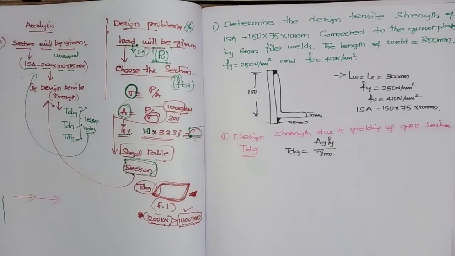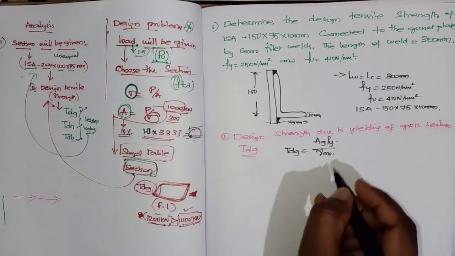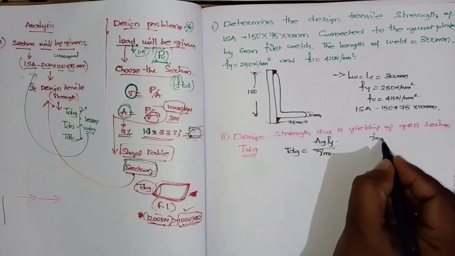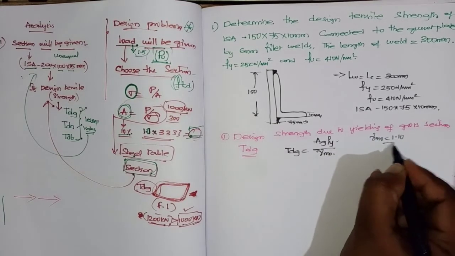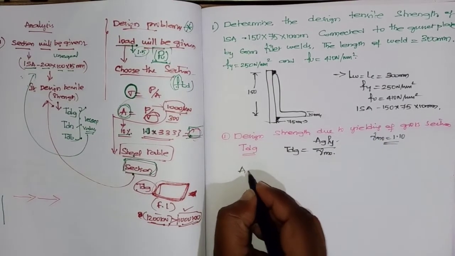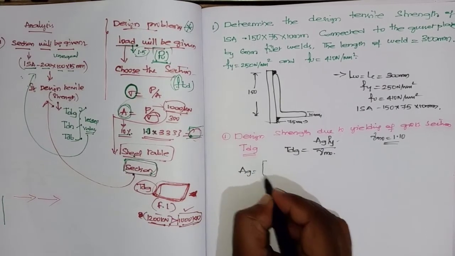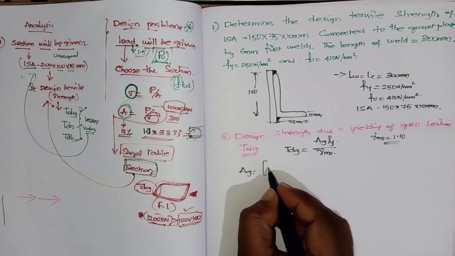Now Fy is there, gamma m naught for yielding is how much? 1.10. Now Ag for the given section you can calculate easily, as the steel table is not available at present.